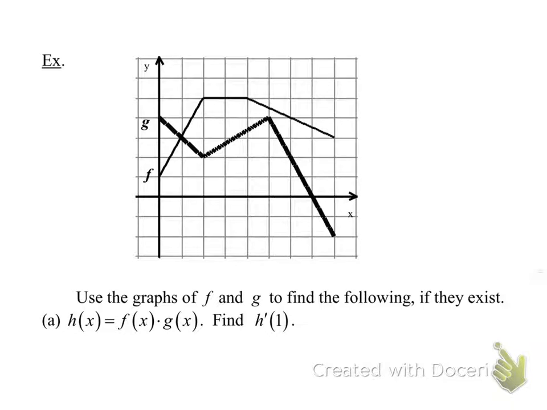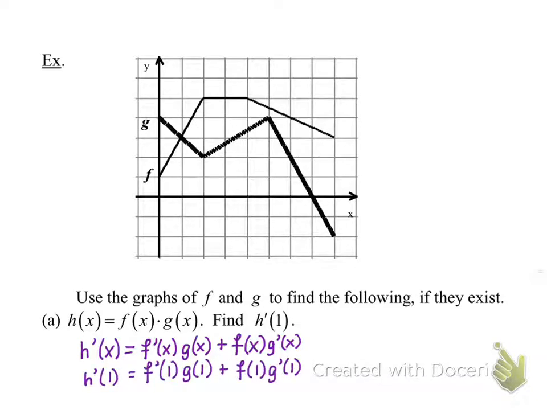Anyway, pixelated. Use the graphs of f and g to find the following if they exist. H of x equals f of x times g of x, and we're going to find h prime of 1. In order to do this, you need to find it in general terms first, just like you should have on the test. And now you're going to plug in 1.